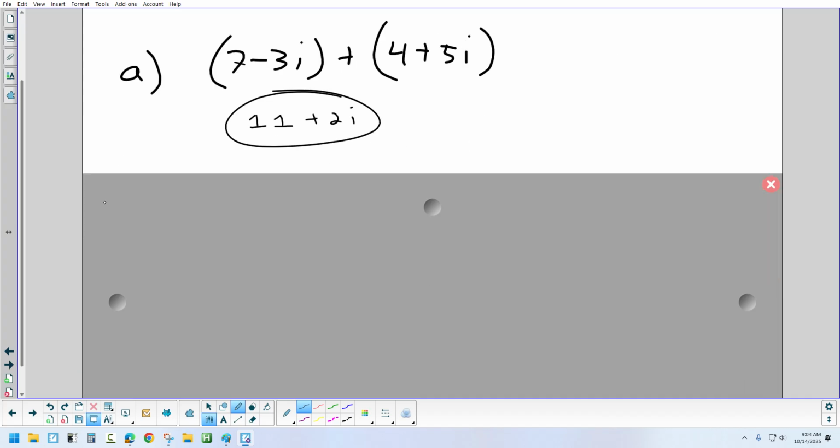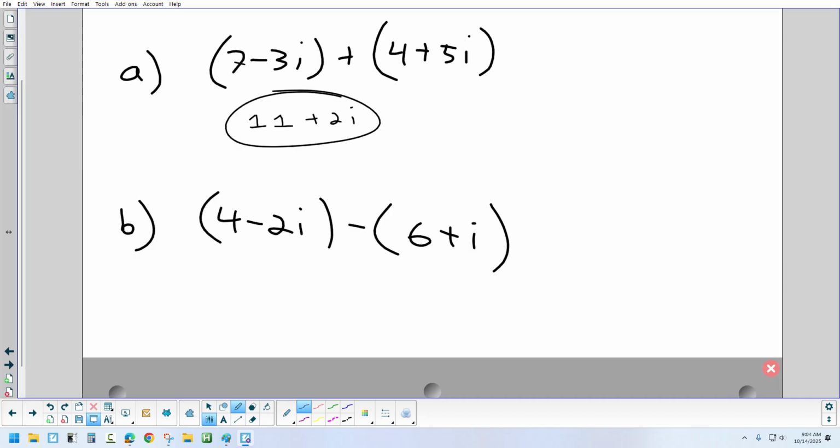Okay, subtraction, same idea, except think of this negative as being distributed. So that negative applies to both of the numbers inside the parentheses. 6 plus i. All right, so what are we going to get for, let's just do the real part, when you subtract those two complex numbers? Right, it's 4 minus 6.